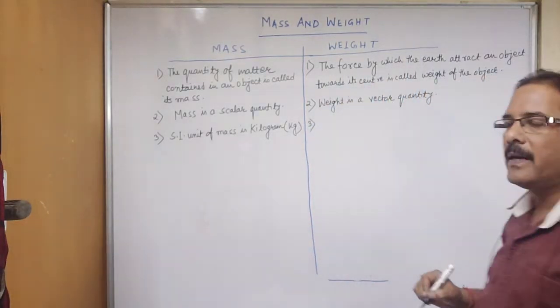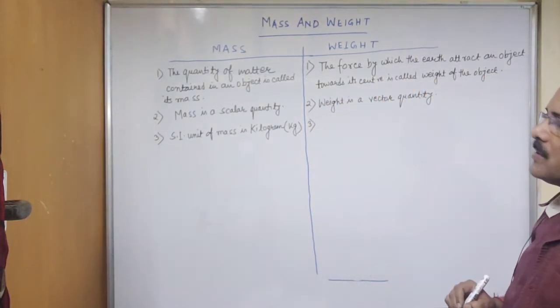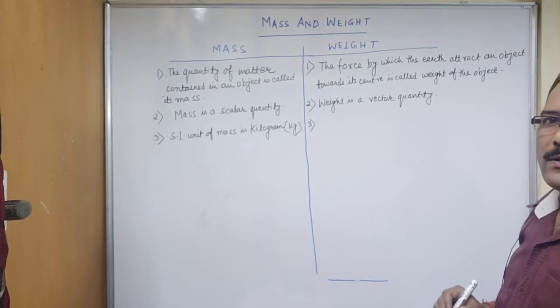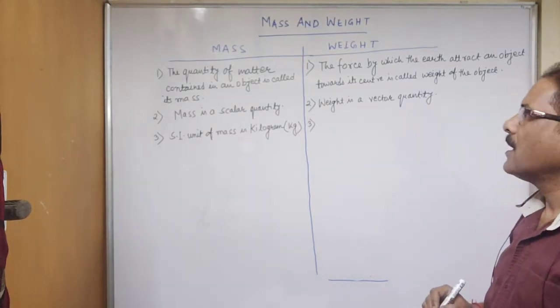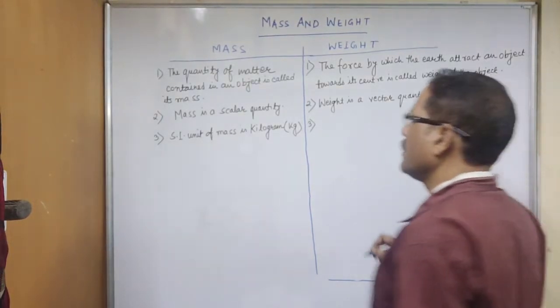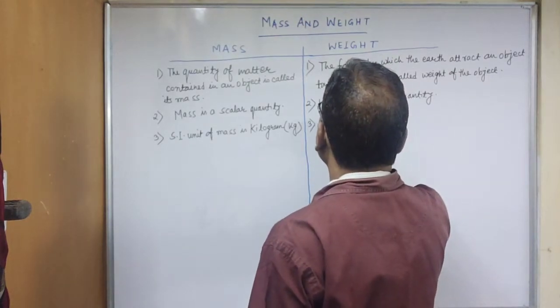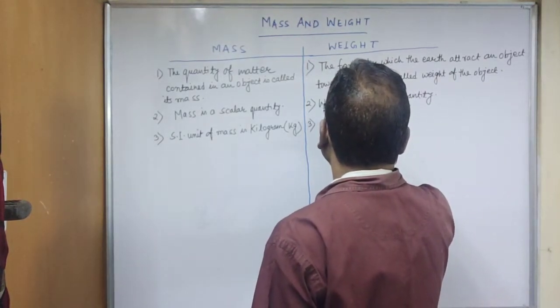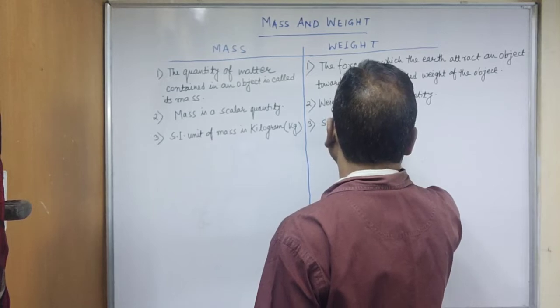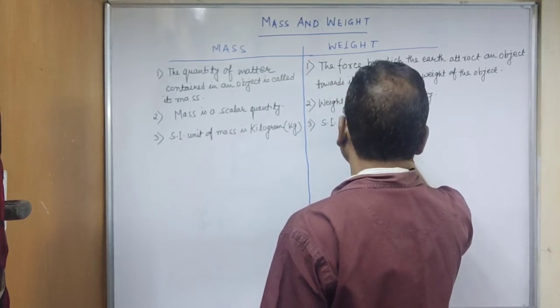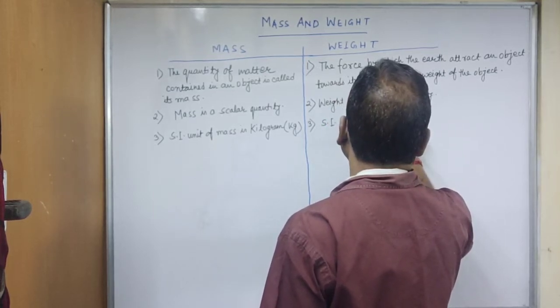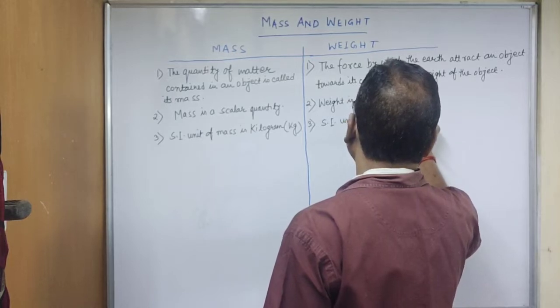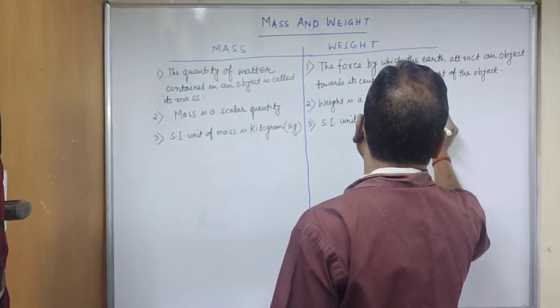Then weight side, since weight is a force, what is the SI unit of force? You all know the SI unit of force is Newton. So write: SI unit of weight is Newton.